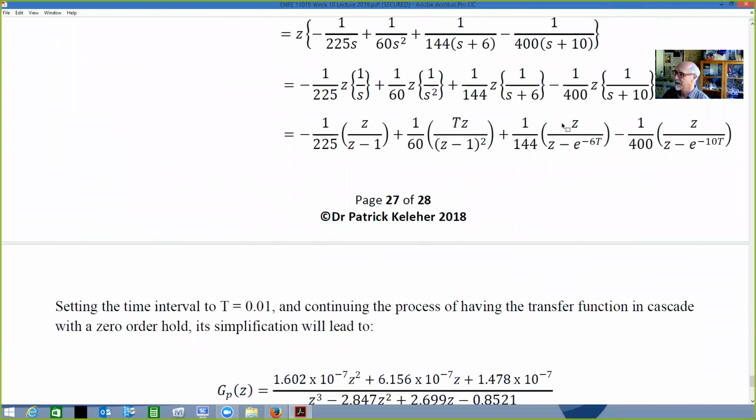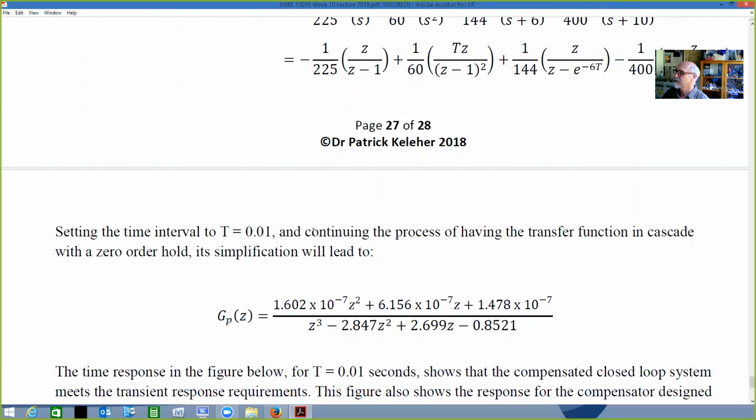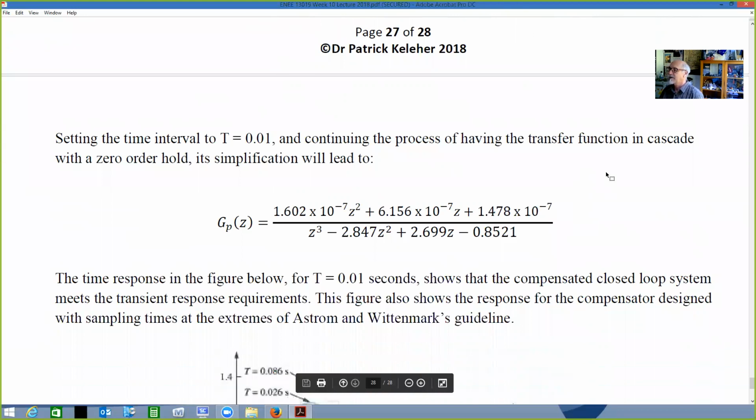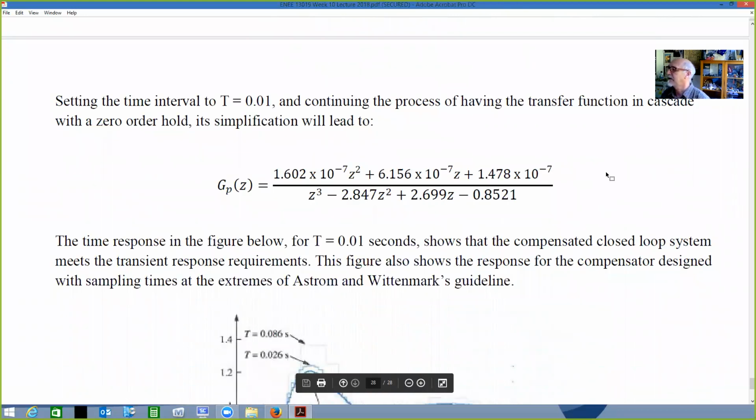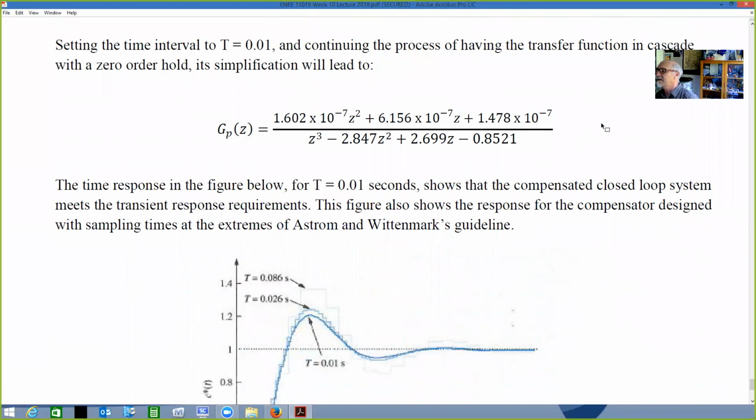And if you remember, we're taking a sampling of T equals 0.01. So continue the process. You just have to go through and follow through with that process, and you should end up with your plant looking like that. Again, we've got very small numbers, so you're going to end up with a round off error of some sort. But I'm going to use the textbook values so that it matches with their figures.